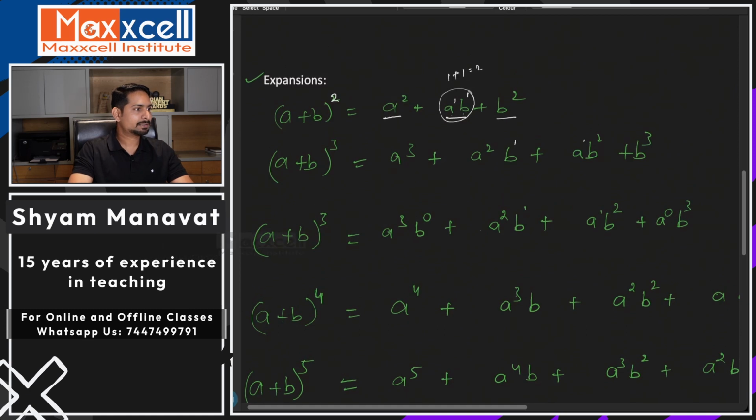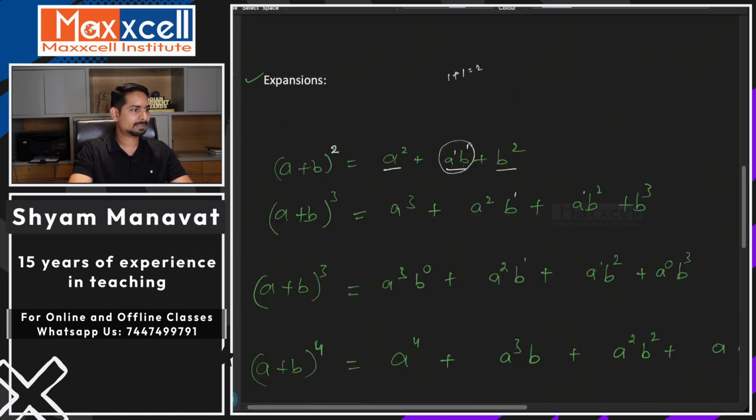This expansion I will start from a plus b to the power 1, which will be nothing but a plus b itself, right? Power 1 will not make any difference, correct?